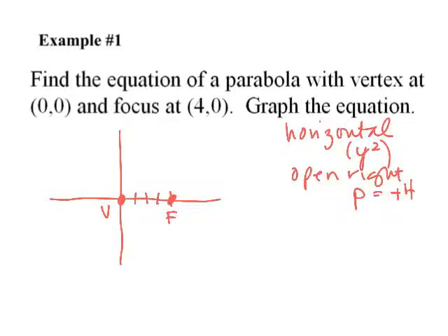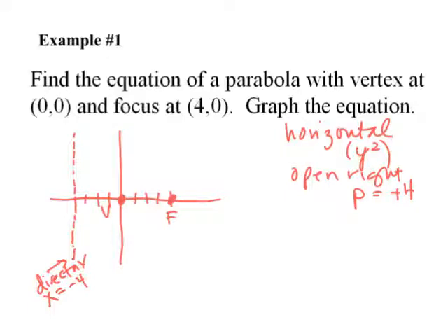Very important information. The other thing is, I know that the distance from the vertex to the focus is the same as the distance from the vertex to the directrix. So here is my directrix, and that is a vertical line at x equals negative 4, because it's vertical. And now if I want to sketch my parabola, I can quickly do it because I know that the opening, the distance perpendicular to the axis of the parabola, will be 2p.